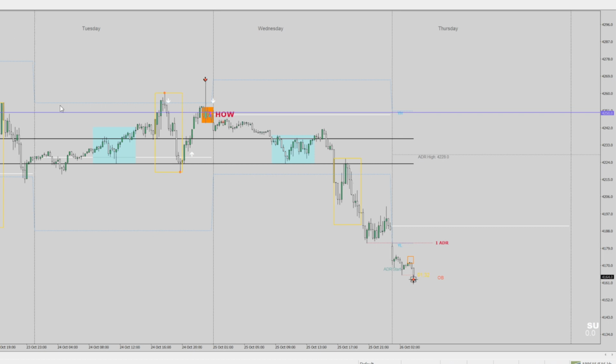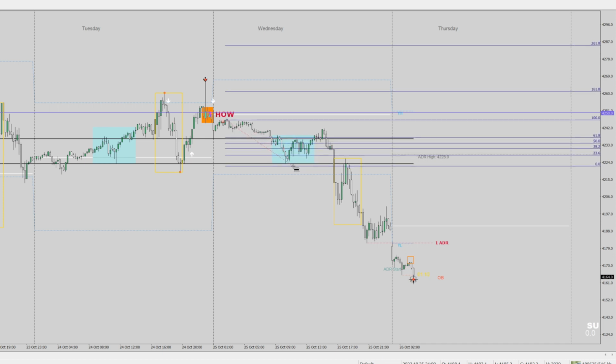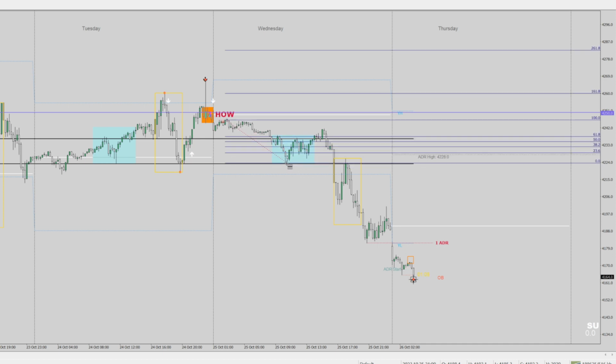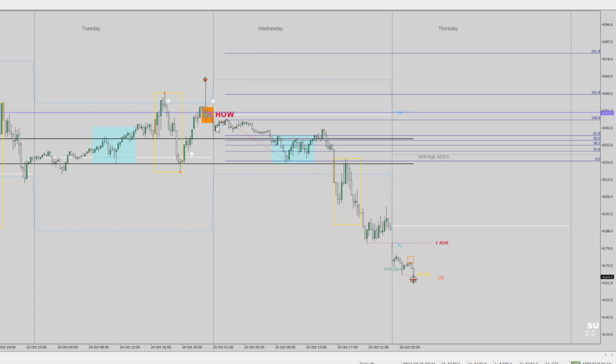So I'm just going to drop the fibs on here real quick. I'm going to go from the recent high to the low. Okay. It kind of looks like it's right around here somewhere. Okay, and this is pretty much the low. So I can use this area up there as the high and this as the low, because this was the low of London.